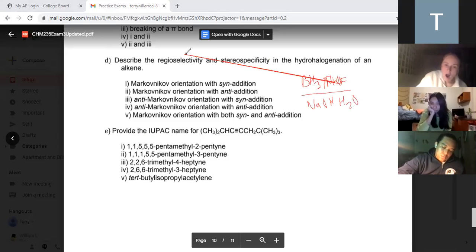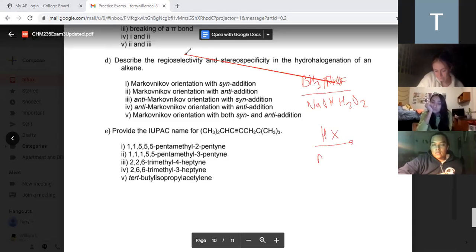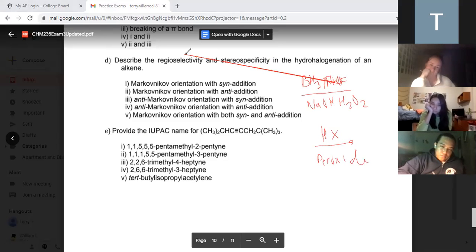This is one of our common ones. The other one is when we add an HX with a peroxide. This is one of our other anti-Markovnikov ones. By and large, most of our reactions are Markovnikov in nature. Does that make sense? So hydrohalogenation is Markovnikov.